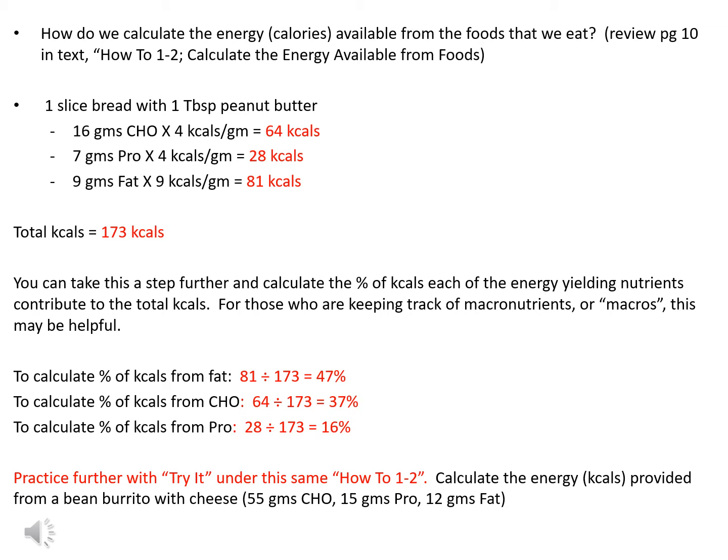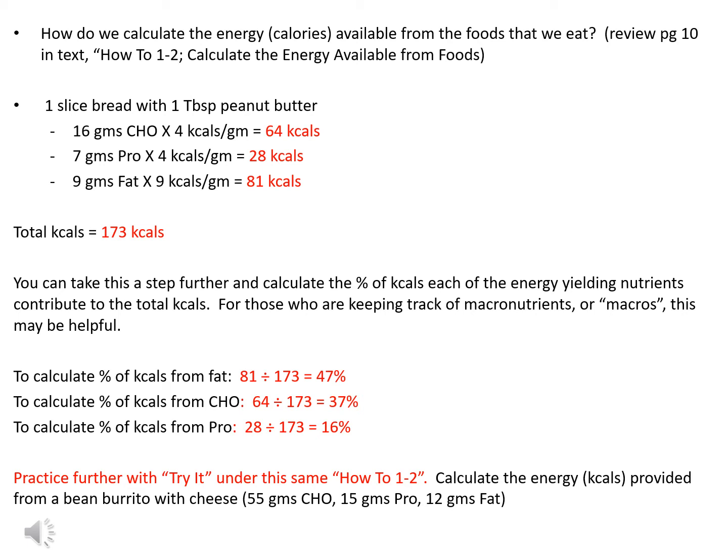This particular example is using a slice of bread with a tablespoon of peanut butter on it. This particular combination gives you 16 grams of carbs, 7 grams of protein, 9 grams of fat. Very simply, all you need to do is multiply each one of those energy-yielding nutrients by how many calories per gram they are providing.